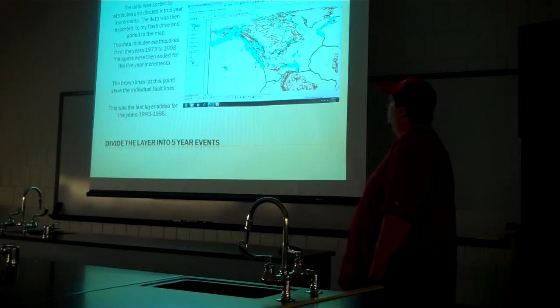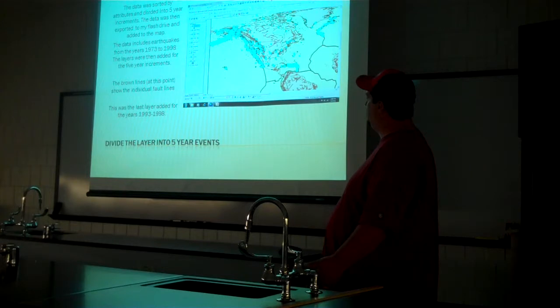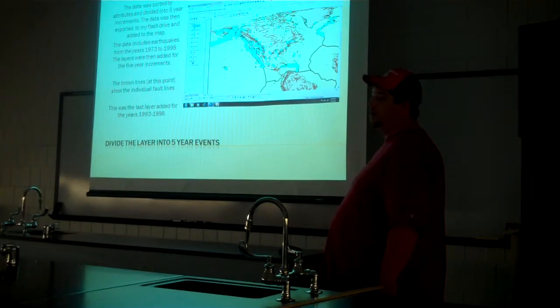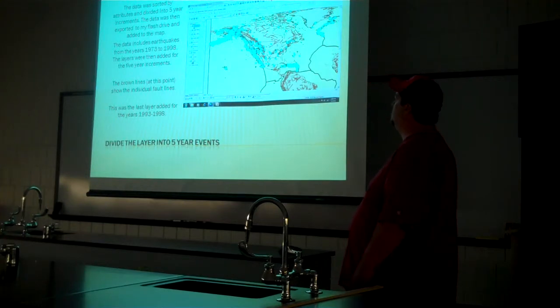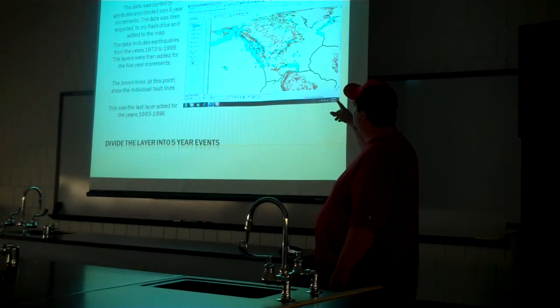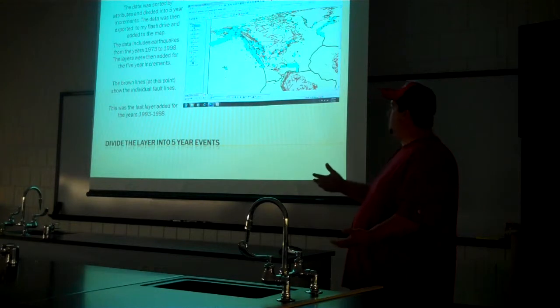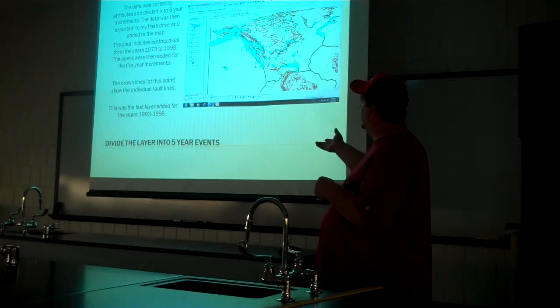So what I did is took all those years, sorted them by attributes, by the year, and separated them into 5-year increments. All the brown lines on here are the faults, and all the blue lines are all the earthquakes that happened in those 5 years. This is from 1993 to 1998.